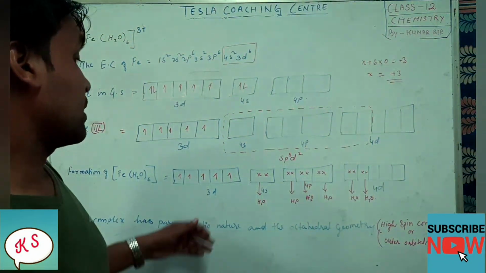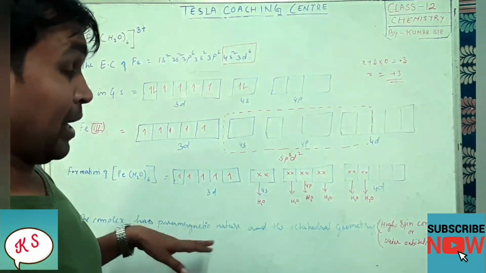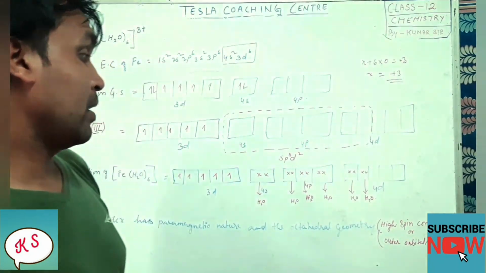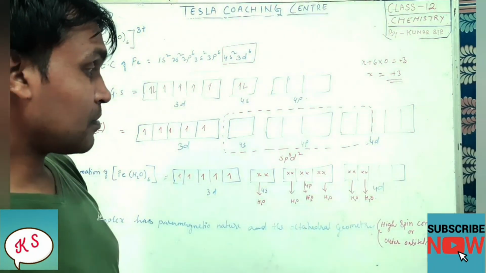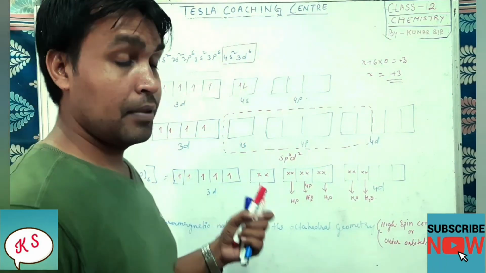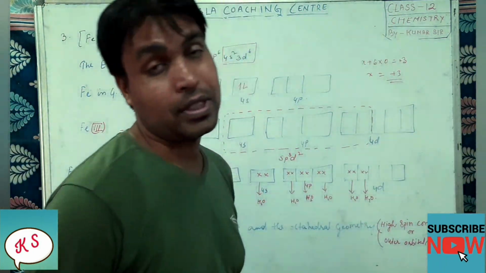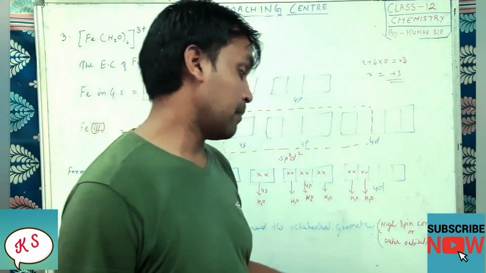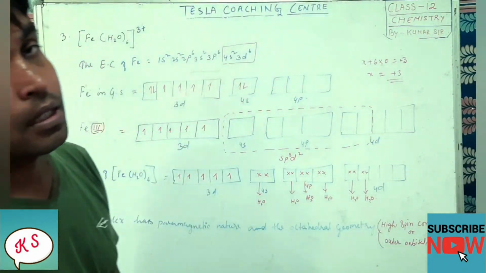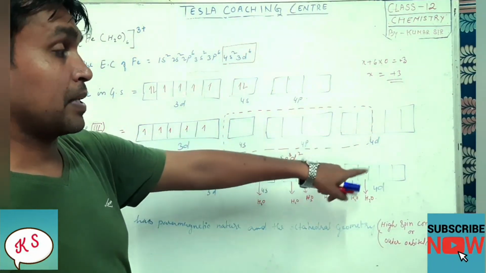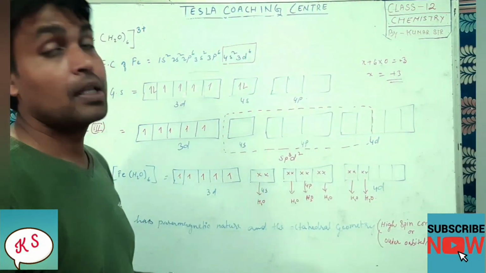So the complex has unpaired electrons, so paramagnetic nature and octahedral geometry. Why octahedral geometry? Because I have given you the list: if the hybridization is sp3d2, the structure will be octahedral, and it is a high spin complex or outer orbital complex. Why? Because the outer d orbital is participating in the hybridization, not the inner one. That is why.